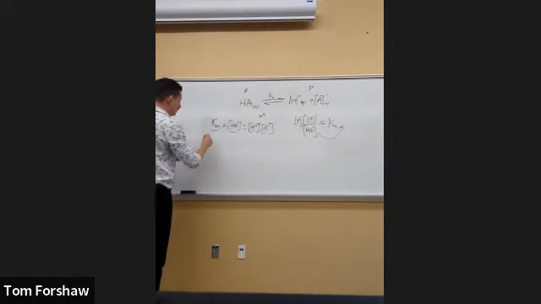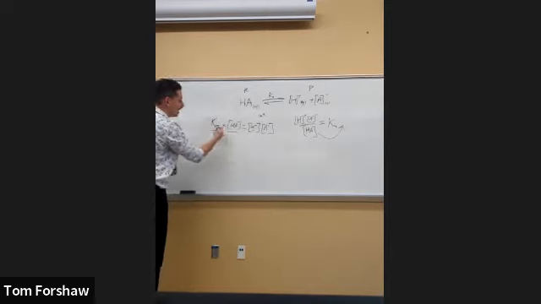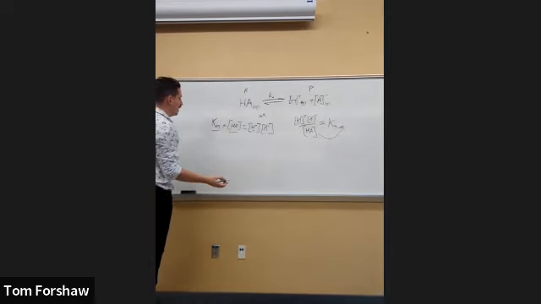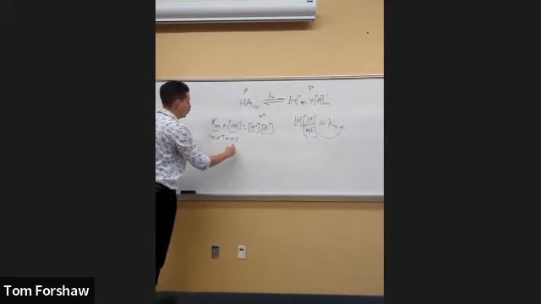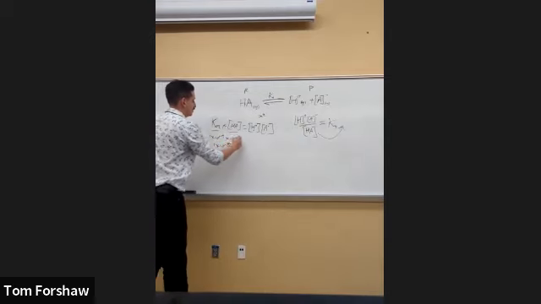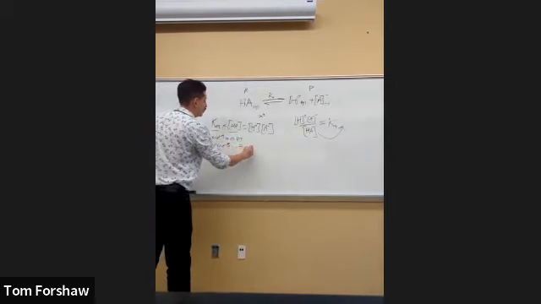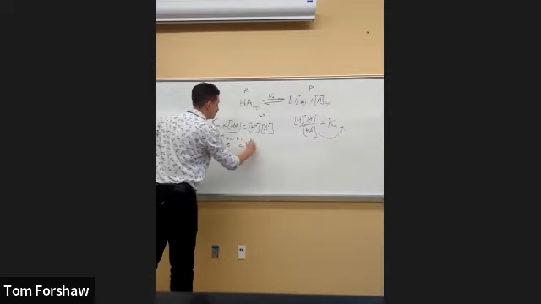So I know this number, I know this number. Let's just say I've already figured them out. Or let's just say it's 1 times 10 to the negative 9 multiplied by 0.1, which is 1 times 10 to the negative 8, equals X squared.